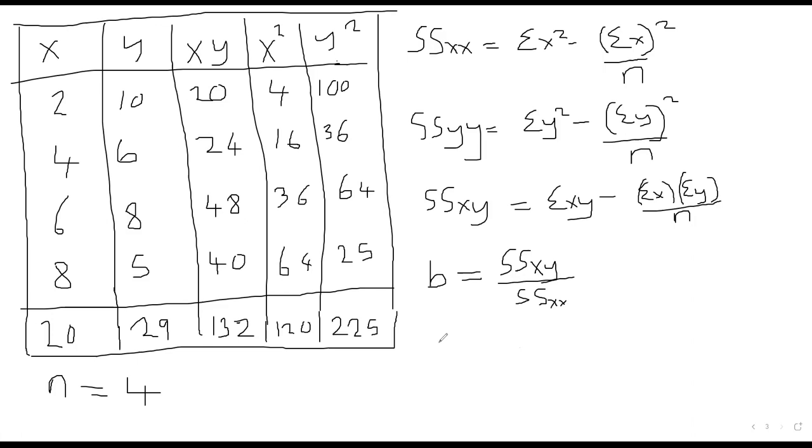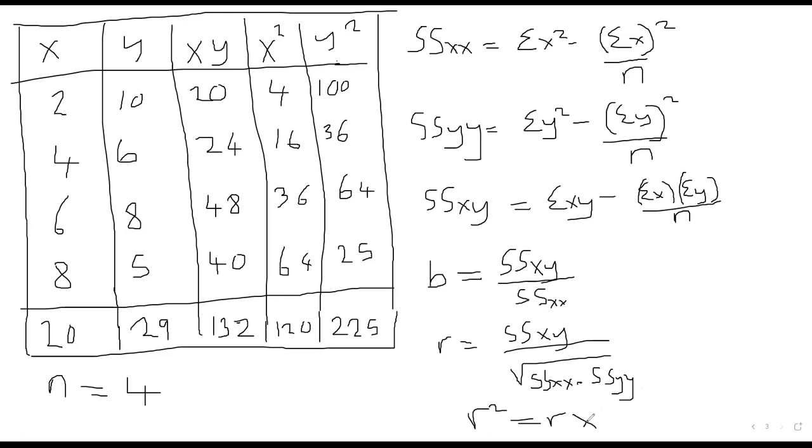Now r. Summation of xy, just the same one, but we're just putting it in the square root now down there. Summation of xx times summation of yy. Okay, then how do we find r squared? r times r.